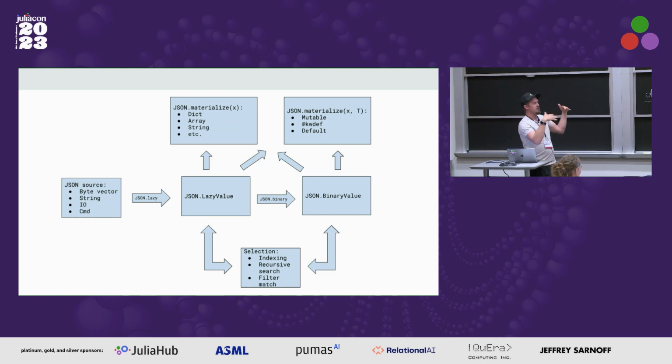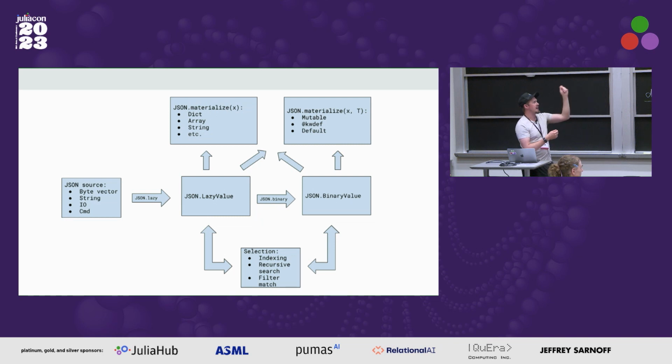And then the other thing I wanted, which is what JSON 3 focused on and did really well, was this materialization, okay? There's a single function, materialize, that you can give a type or not. It's going to fully materialize the JSON into Julia domain objects. If you don't give it a type, it's generic: dicts, arrays, strings, that kind of thing.